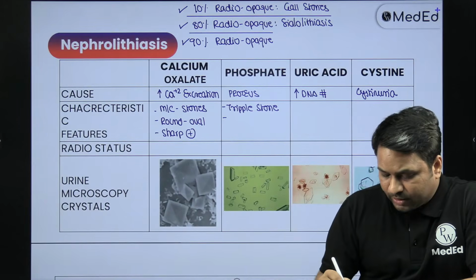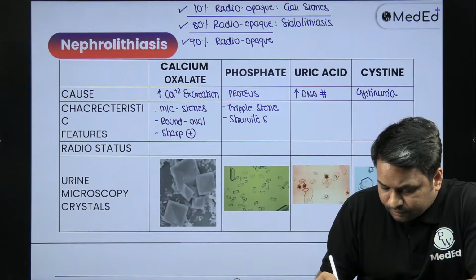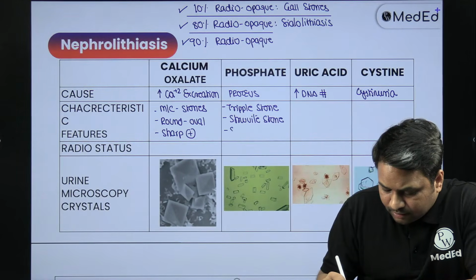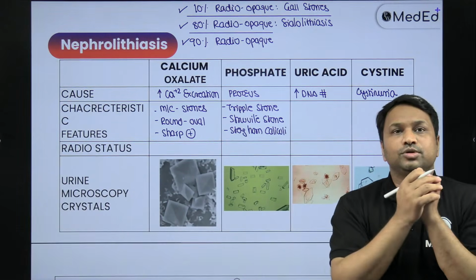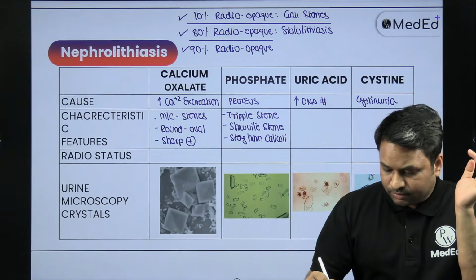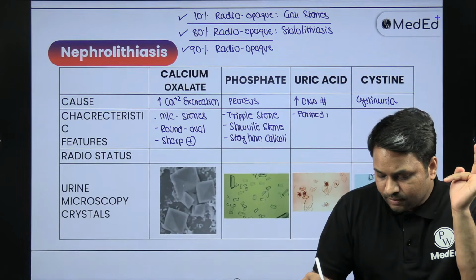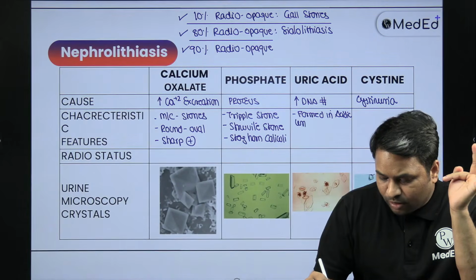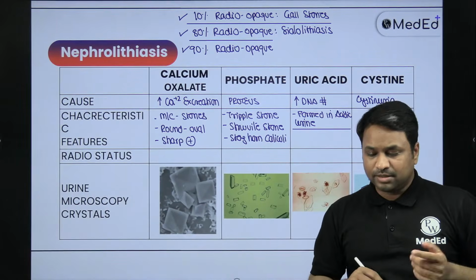They are also called the struvite stone and staghorn calculi: triple stone, struvite stone, and staghorn calculi. Uric acid stones are formed in acidic urine. Because they're formed in acidic urine, the management here will be alkalization of urine, as simple as that.